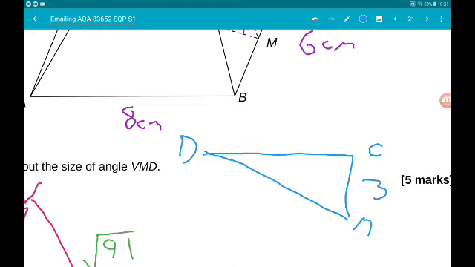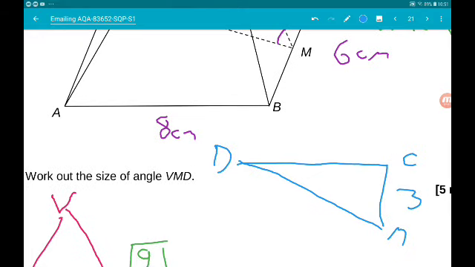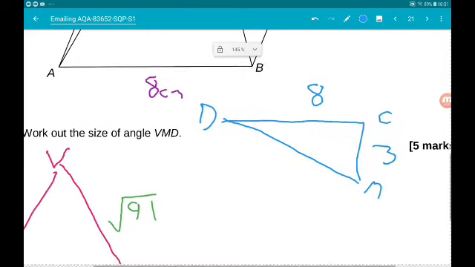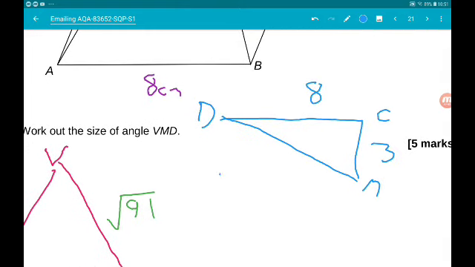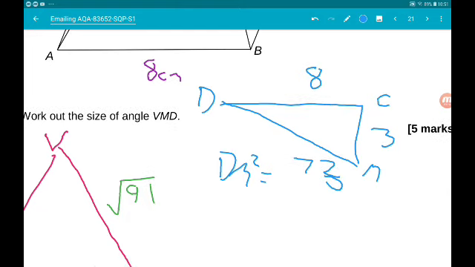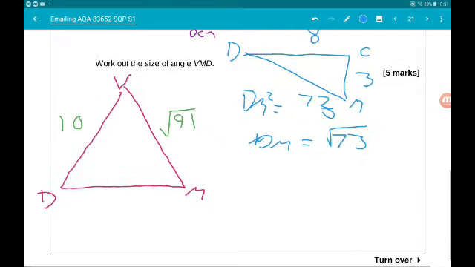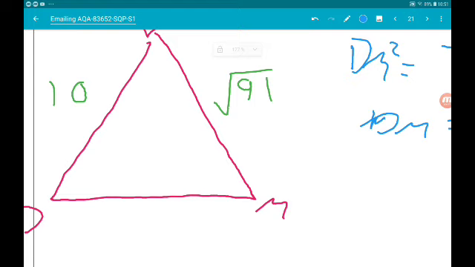We know CD is the same as AB, which is 8. So again, using Pythagoras, DM squared is 8 squared add 3 squared, so 73. So, DM is root 73.